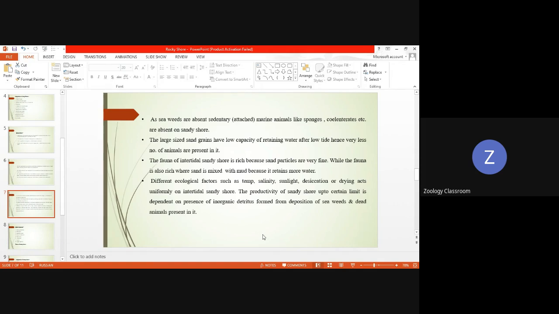Sedentary marine animals like sponges, coelenterates are absent on sandy shore. The large sized sand grains have low capacity of retaining water after low tide. Hence, very few animals are present in it.